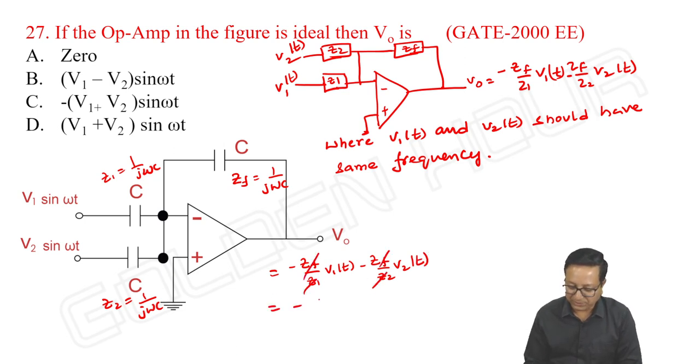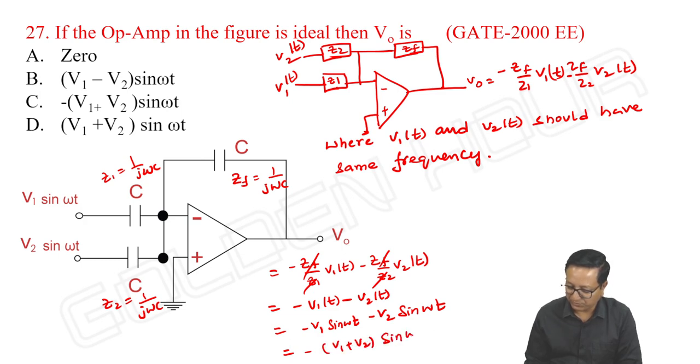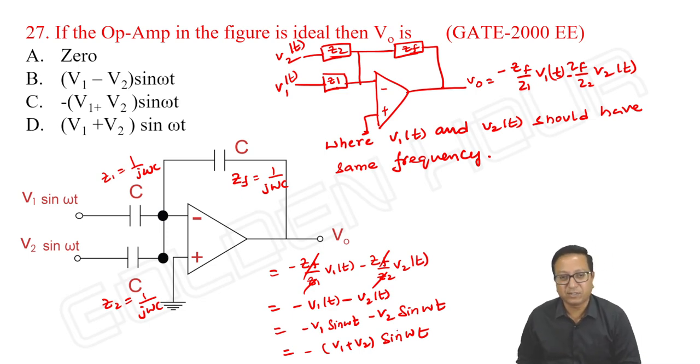So, minus of V1 of t minus V2 of t. What is V1 of t? It is V1 sin omega t, minus V2 sin omega t. It is minus of (V1 plus V2) sin omega t. That's it. Like this we can write. It's a very, very simple thing.